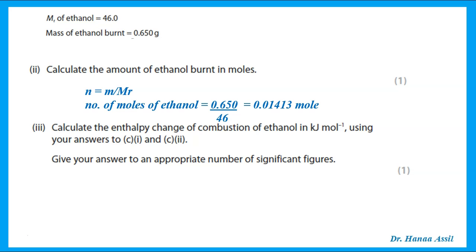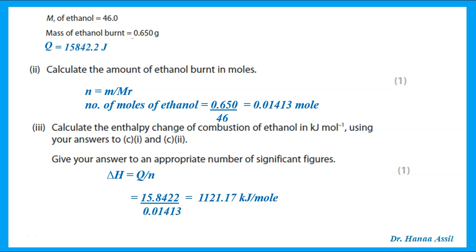Then calculate the enthalpy change of combustion of ethanol. So we're trying to get ΔH, and we know that ΔH is Q over n. We already calculated Q in joules, so we need to divide it by 1,000 to put it in kilojoules, and divide by the number of moles we just got. This gives the ΔH in kilojoules per mole.